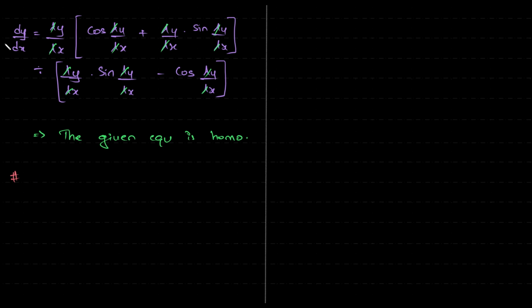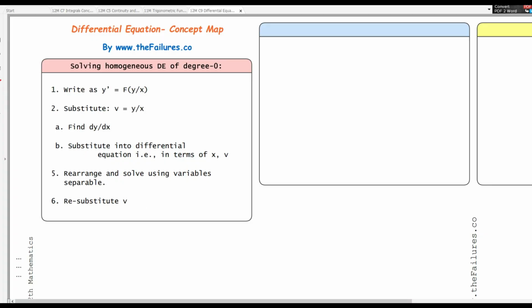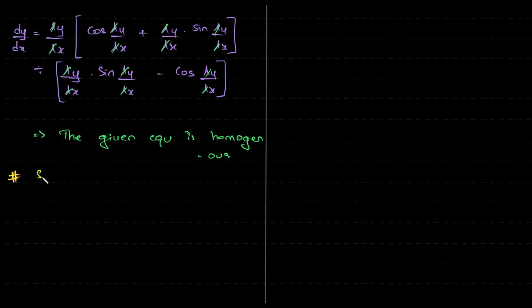Now, okay, let me write the entire thing. So next thing is what? We proved this part, then we need to substitute. So let's substitute v is equal to y by x, and from this we can tell that y is equal to v into x. And when we differentiate this with respect to x, as per the product rule, this would be dv by dx into x plus v into 1.